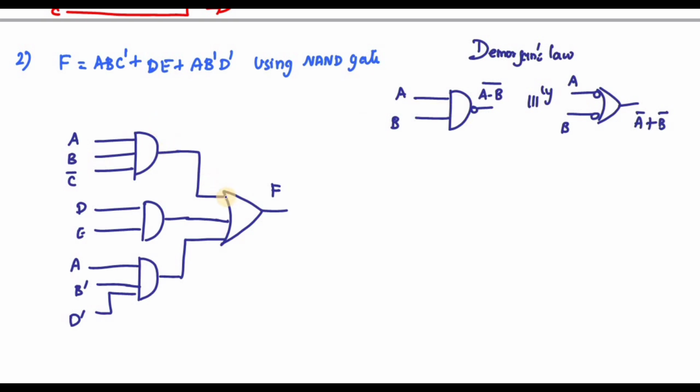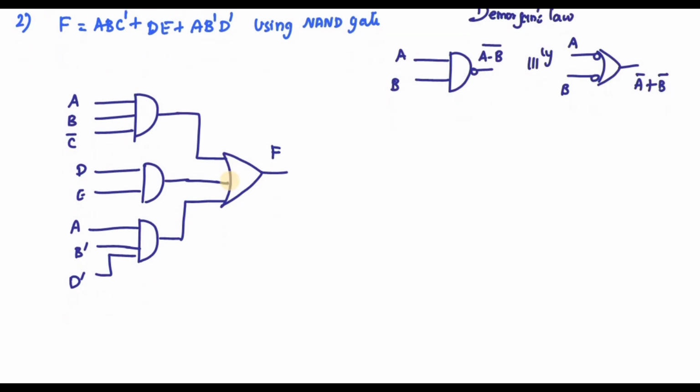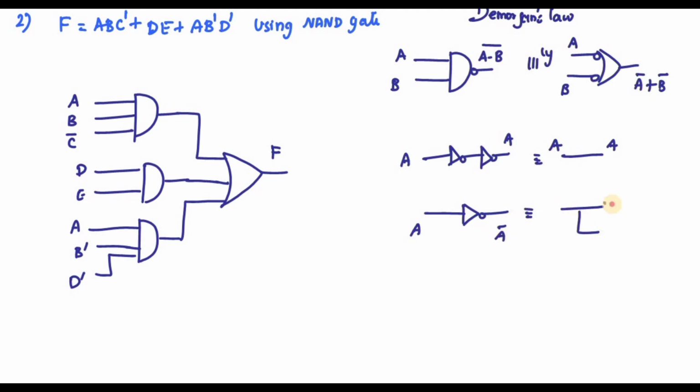For an OR gate, I am going to insert the bubble at the input side. And you know the formula, right? This is nothing but a straight line. This is A, this is also A. If I want to construct a NOT gate, A bar, again, if I short circuit these two inputs A, I will get A dot A the whole bar, which is nothing but A bar.